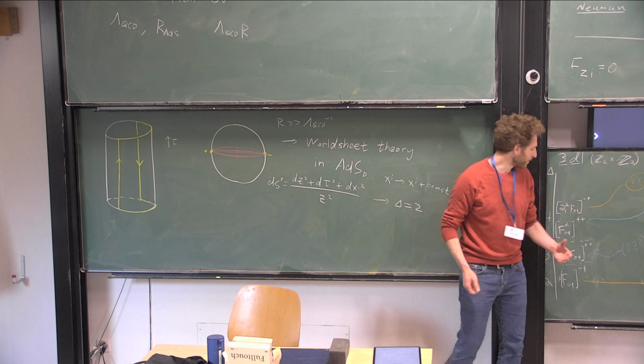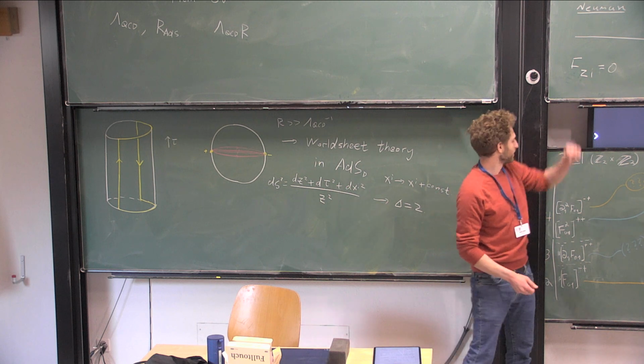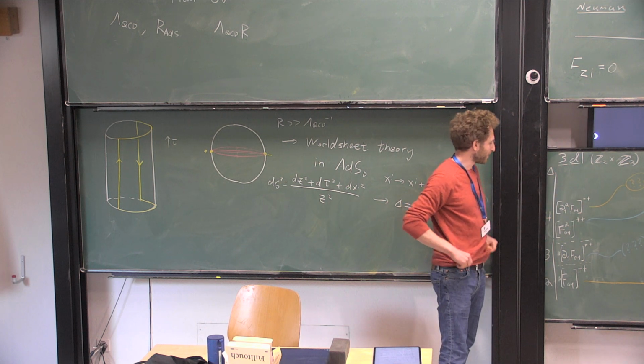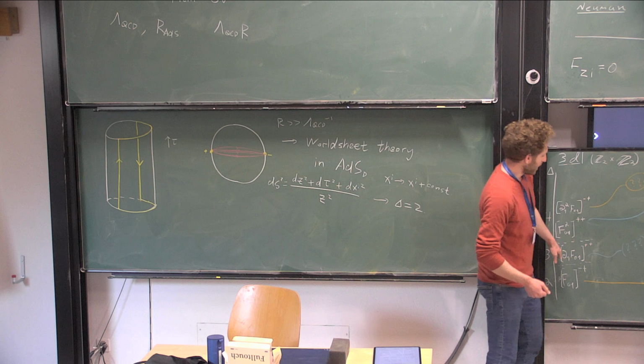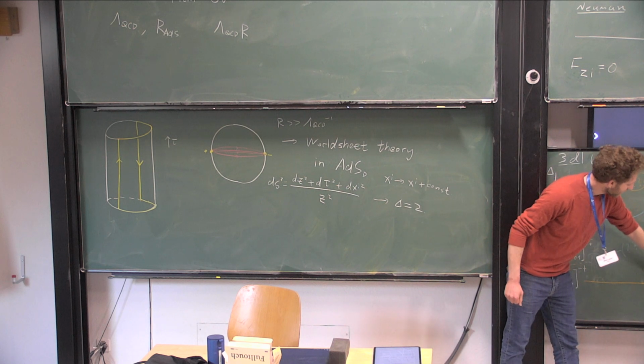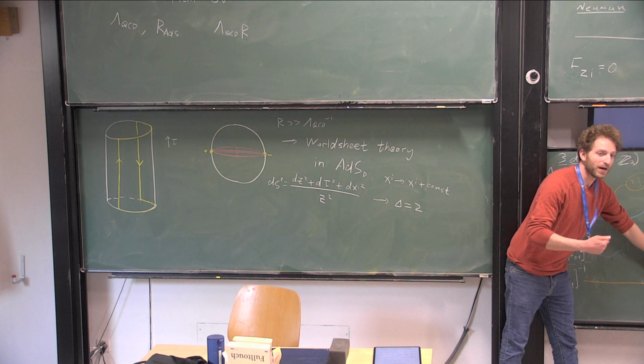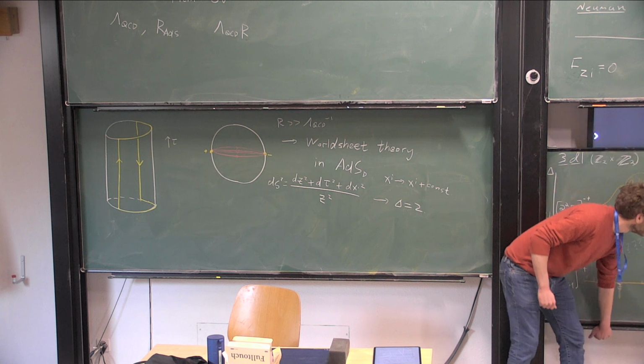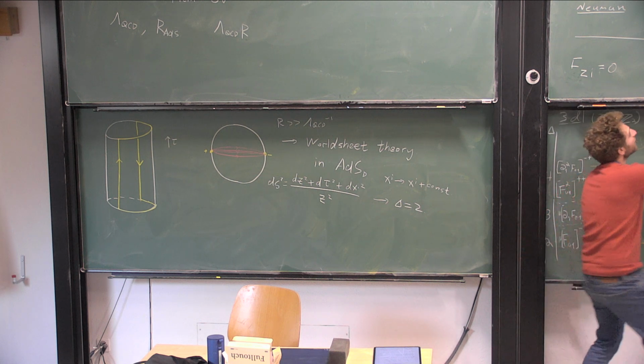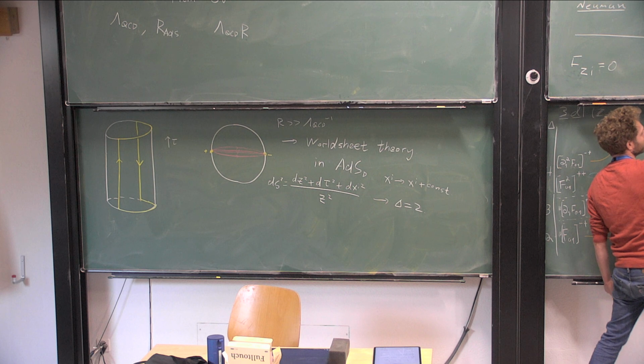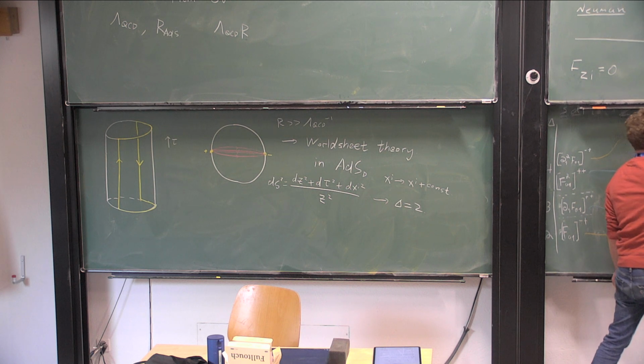If I take the radius smaller, I'm basically in a weak coupling regime. And on this side, I'm putting the operators we expect to see on the boundary. Sorry, I can take it up a little bit. Should I commute them? Yeah.